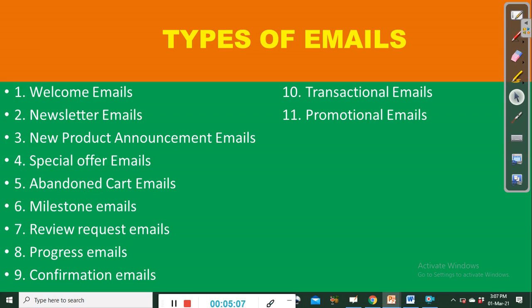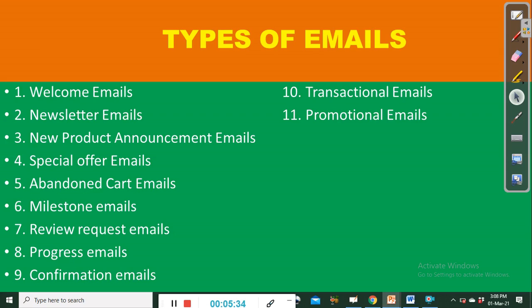Hardly can you think of any big business organization that does not use email marketing as a very active part of their overall marketing campaign. The email is a very powerful method, and people are using it.